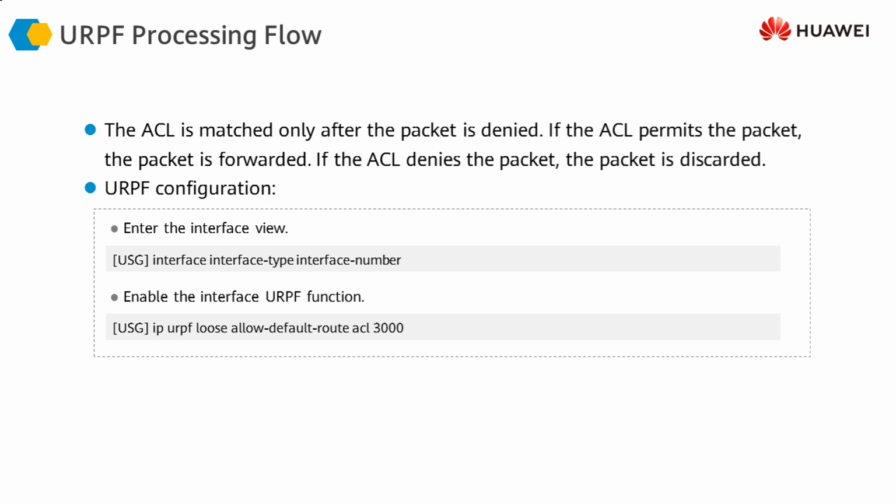We can then also configure an ACL, so that for certain types of traffic that do not pass the URPF check but that we still want to allow, we can add those exceptions to this ACL. So this is how we implement URPF on our firewall.